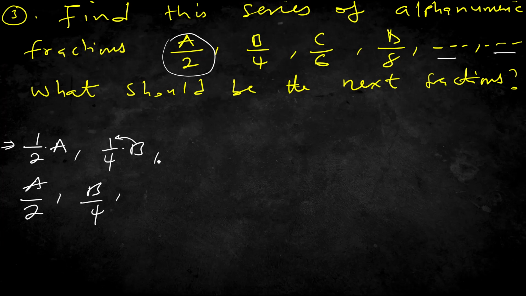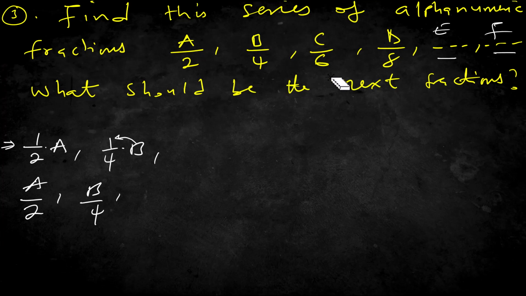So I think the numerators are constant. We have the numerators being the alphabets: A, B, C, D, then the next ones E, F. So this one is very simple. It's only the denominators that we are going to observe.